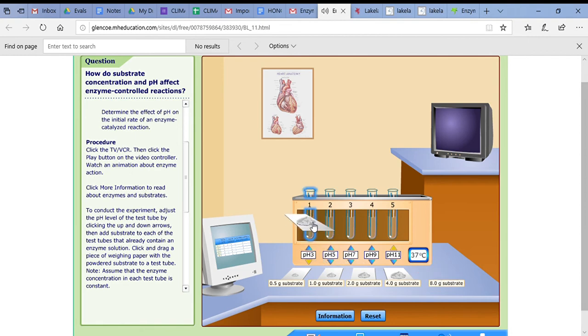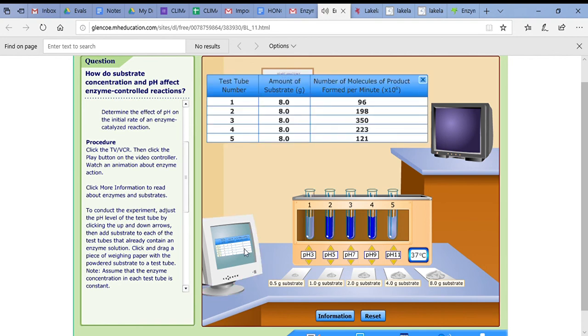With 8 grams. Okay, so we're asking the question here, by changing the concentrations like this, is there a limit to how much substrate you can put in to get more product? Let's see. Over a 1 minute period of time, letting the reaction occur. All right. How much is formed per minute?